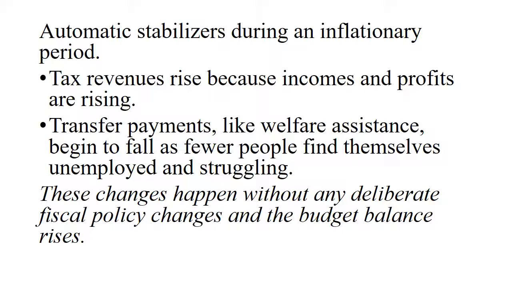Yet there was no conscious change in the amount of money being allocated towards those transfer payments. Both of these will result in potentially a surplus. The budget balance will increase. None of them were discretionary. They're all part of these automatic stabilizers.